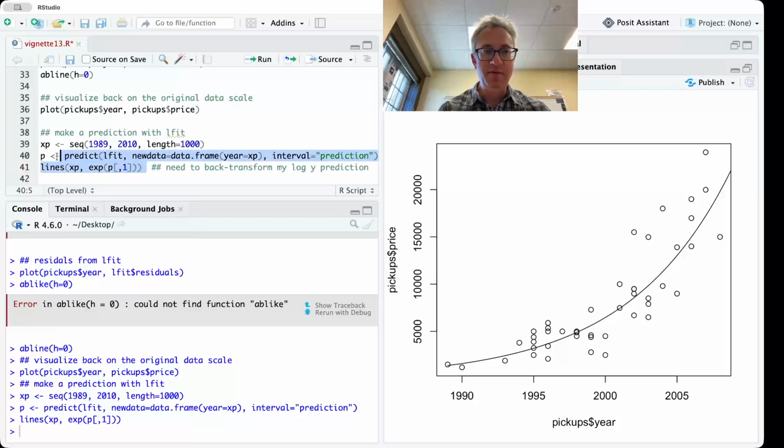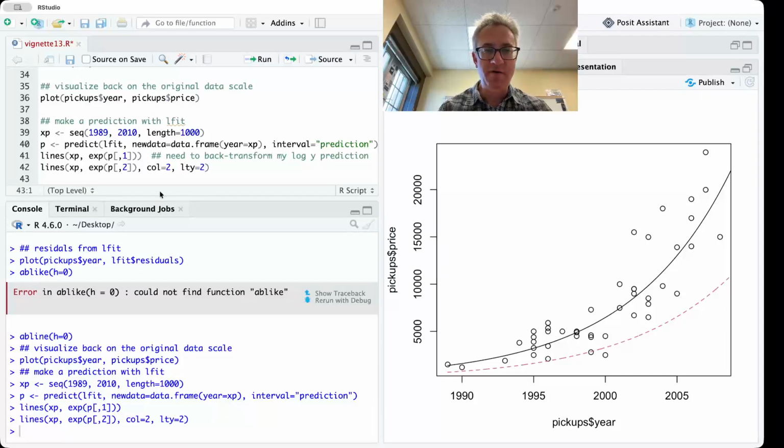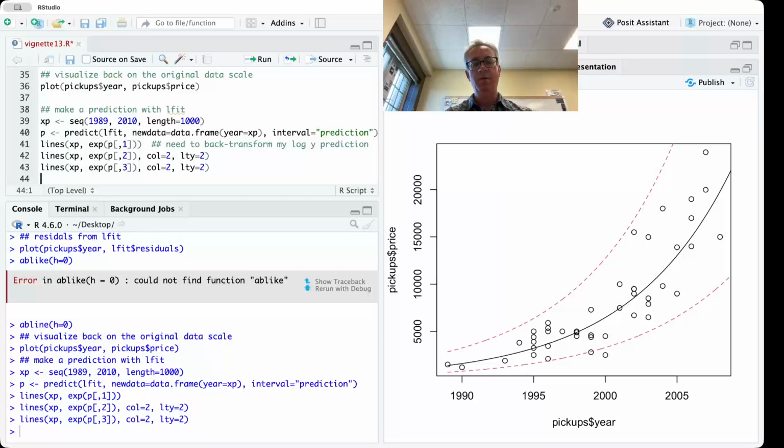And then I can get the predictive interval by doing the other columns of what comes back out of P. This should be the lower part of the interval, and here is the upper part of the interval, a 95% predictive interval. Isn't that cool? First time I saw something like that, I was like, whoa, look what you can do with these tools. So yeah, that's the kind of basic idea of a log transform.